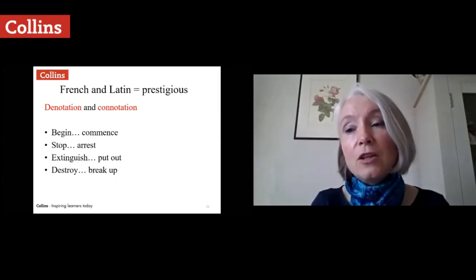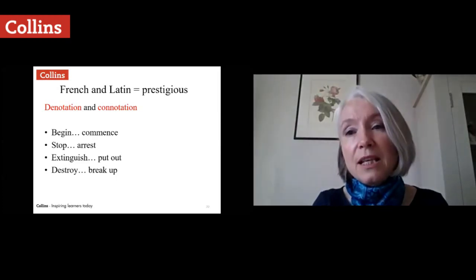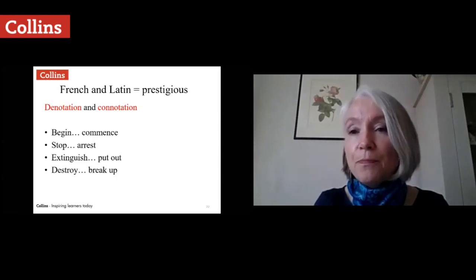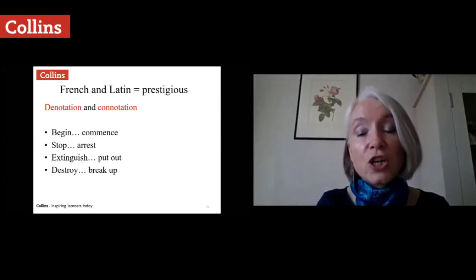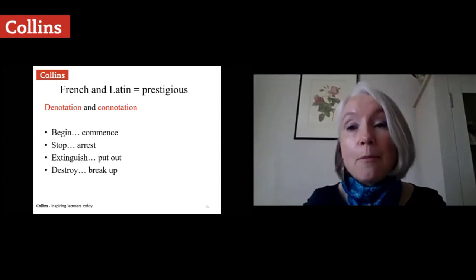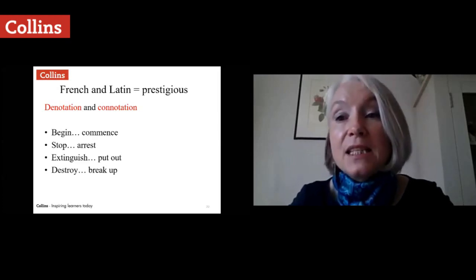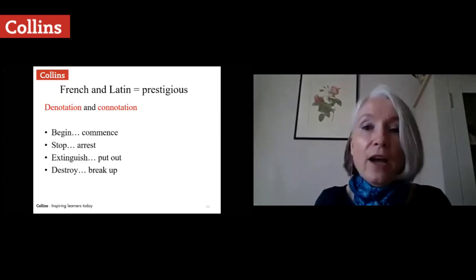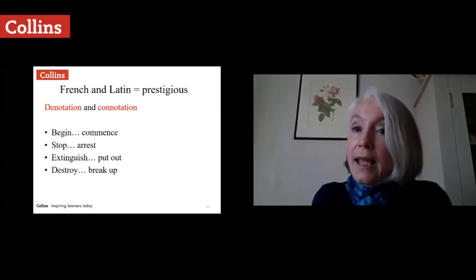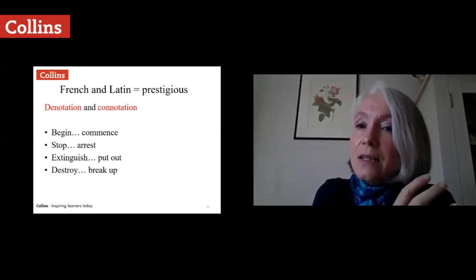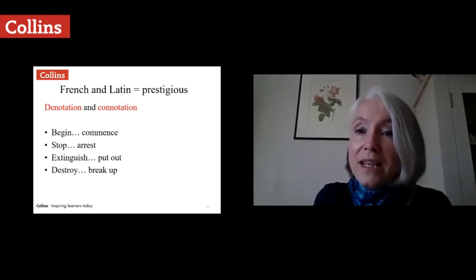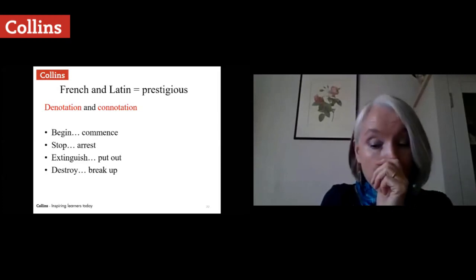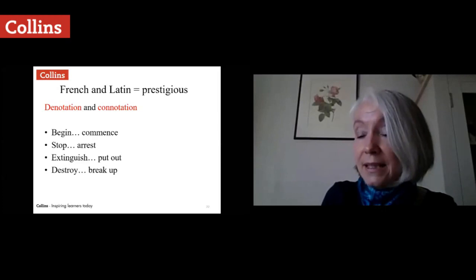And a lot of that connotation is to do with prestige and wanting to sound posh. And wanting to sound posh is still a factor at play in everyday speaking and writing in English. It's something we all need to be aware of. It's not historical in the sense that it's no longer a factor. It's always been a factor, and it still is. We're going to look at an example at the end.